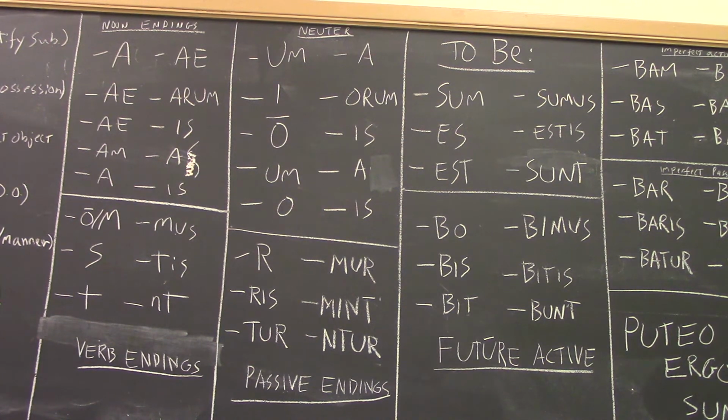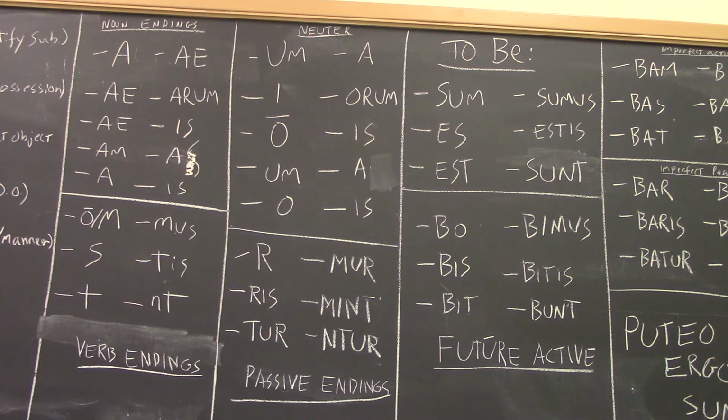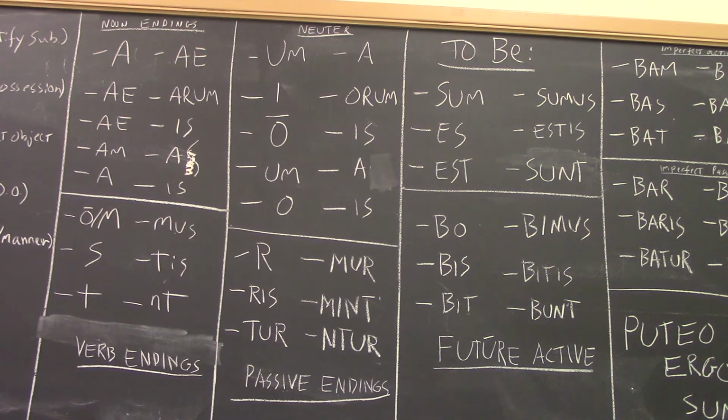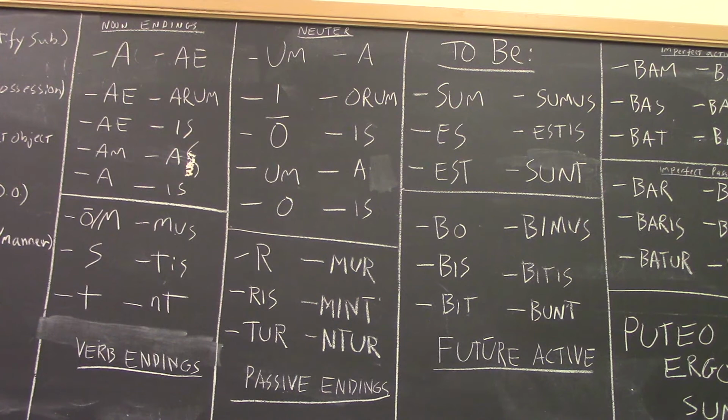Make sense? Now, I honestly feel that you guys should be made aware of the fact that you can have active and passive nouns and verbs in Latin. Thus, the passive endings are ris, tur, mur, mini, intur. Good. This making sense?